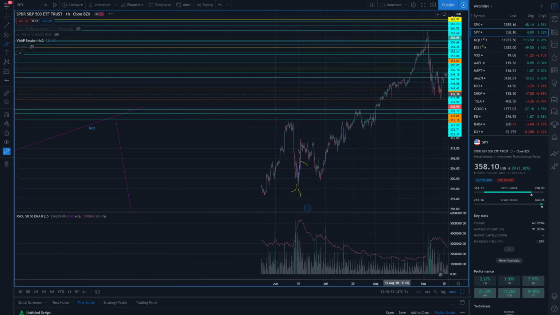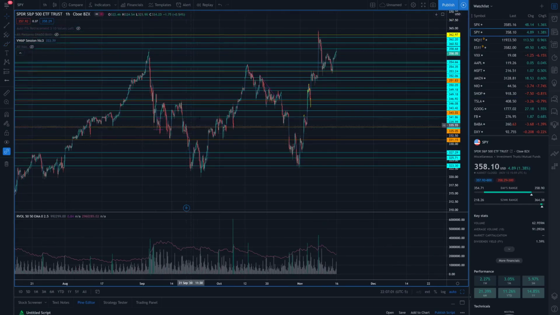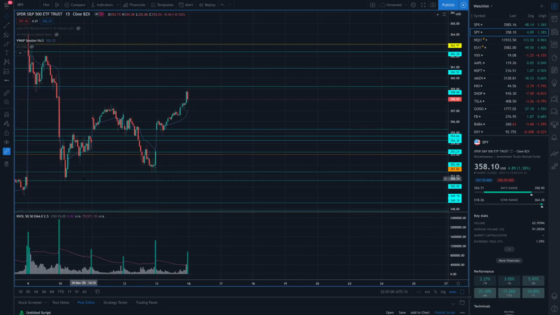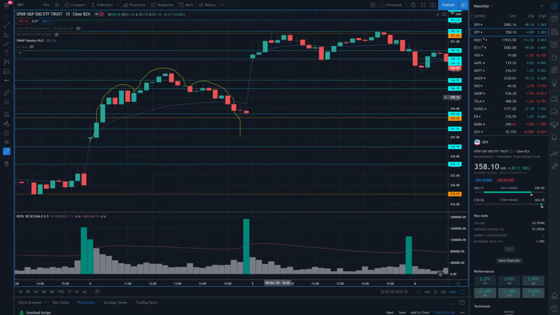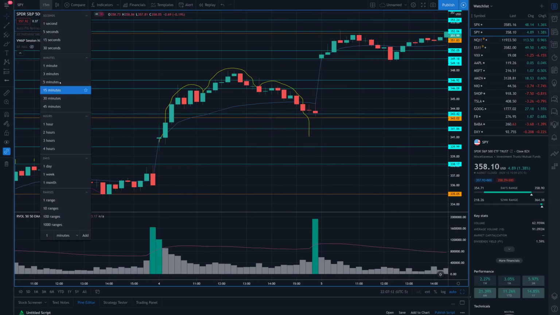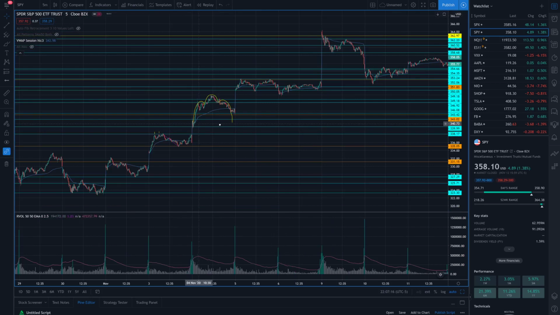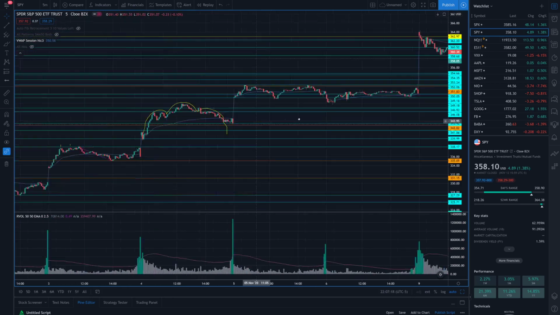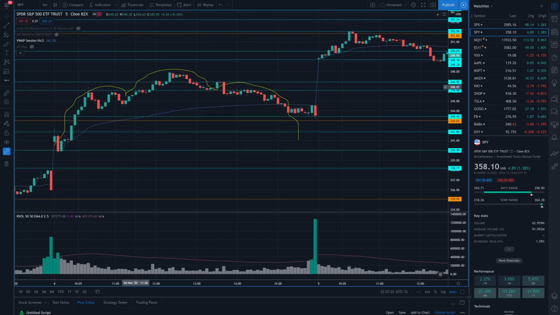If we go back to SPY, over here was a smaller head and shoulders, intraday, if you go to the 5-minute chart. So this one's better because it went up.